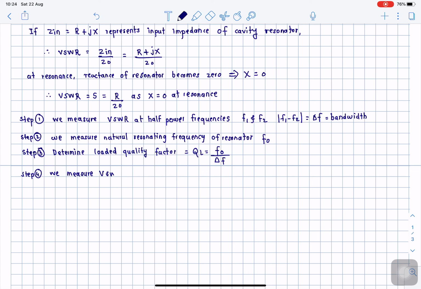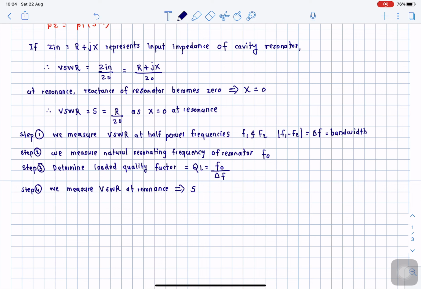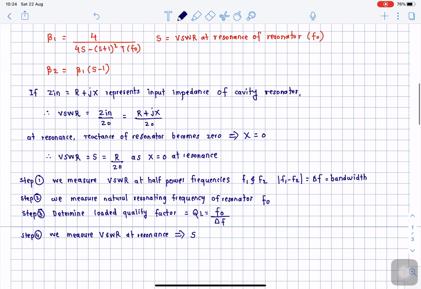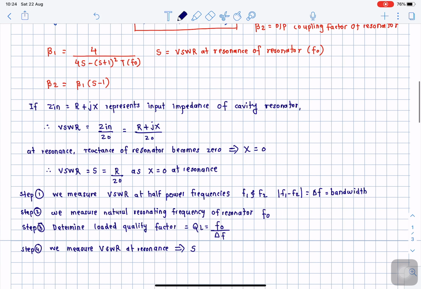VSWR can be directly measured by placing the VSWR meter, replacing the CRO, at resonance, and this VSWR is denoted as S. So we know the VSWR value, and we know the value of the loaded quality factor. Now from the obtained value of VSWR, we can calculate the coupling coefficients.